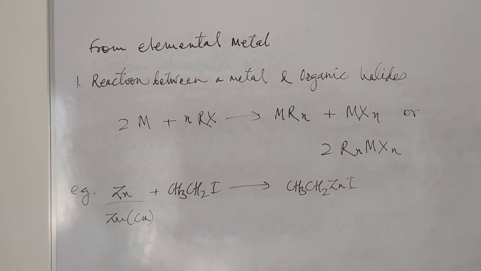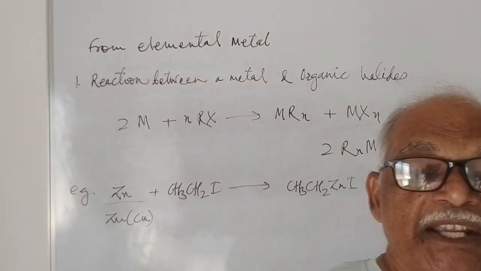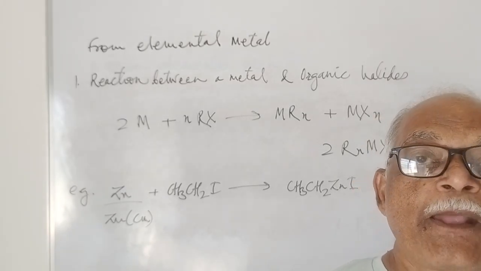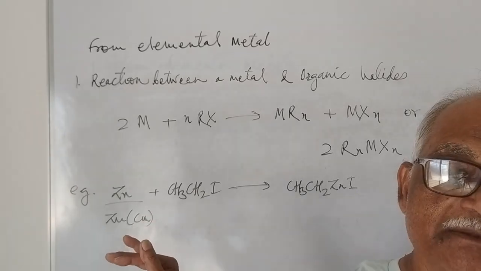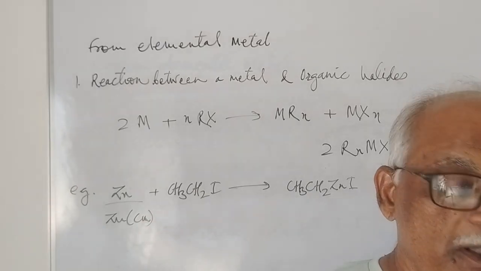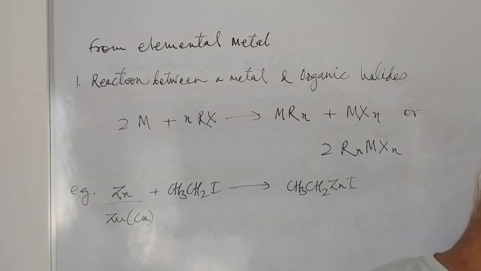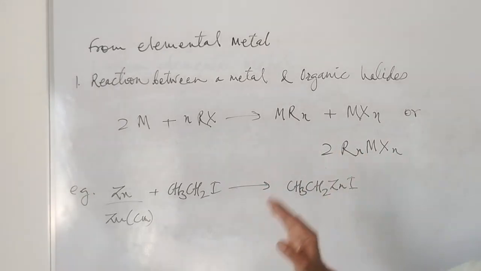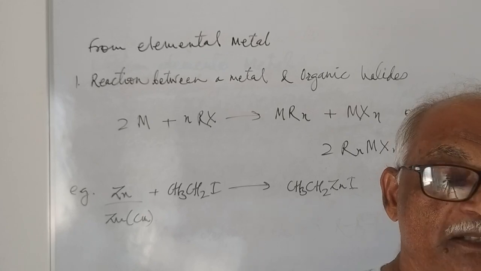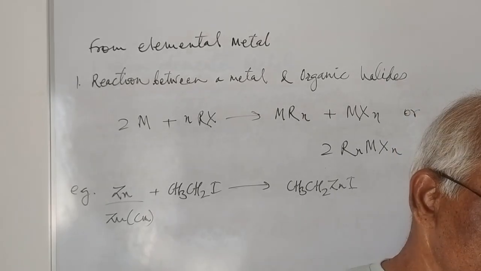Now, if you see the thermochemistry of these reactions, it shows that the heat of reaction is negative for all these reactions. Means heat is evolved, or delta H is exothermic, for the metals of the same group.